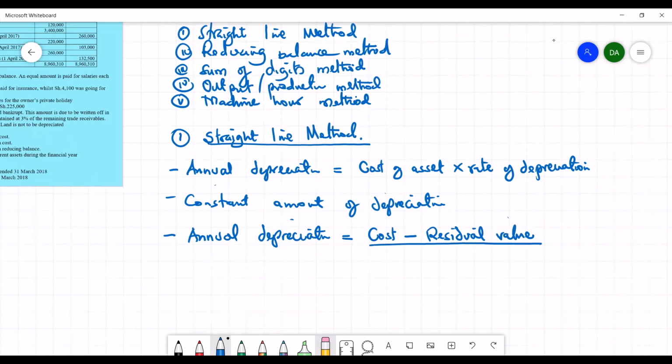This is divided by the estimated useful life of the asset. To illustrate this, let us adopt this example.